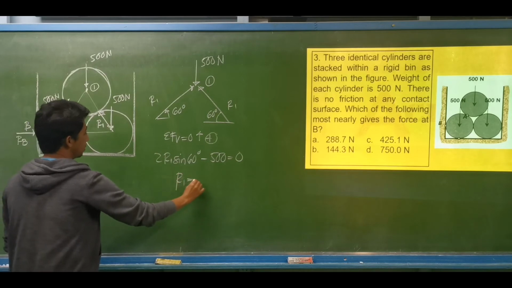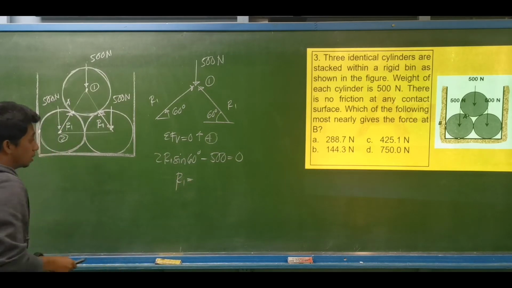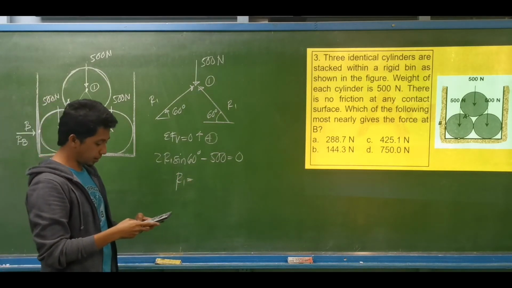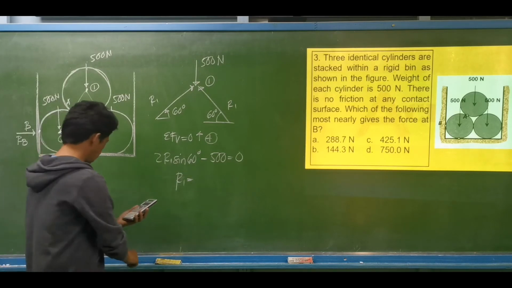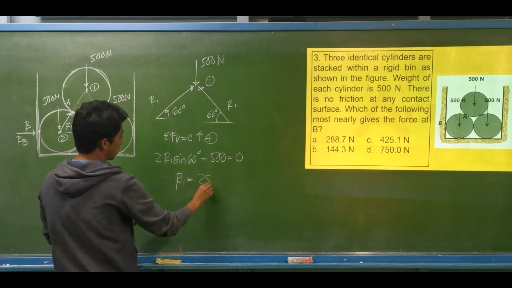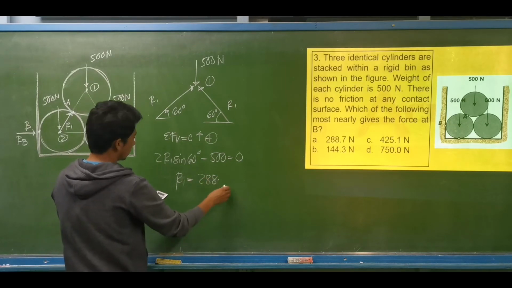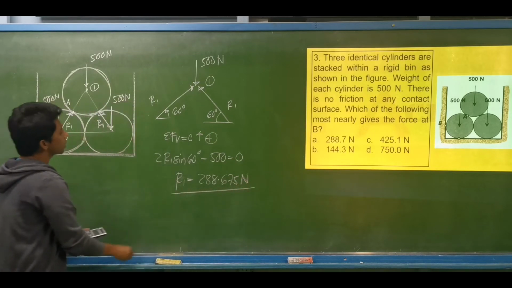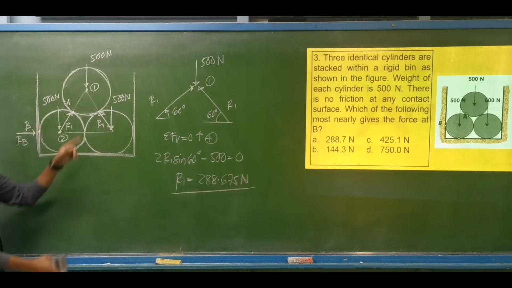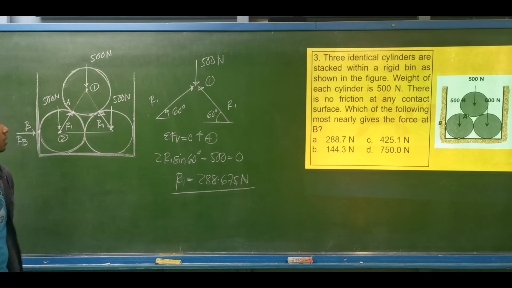Let us compute for R1. This is the same as 500 divided by 2 divided by sine of 60 degrees, so we have 288.675 newtons. That will be the reaction of these two cylinders carrying the cylinder on top.